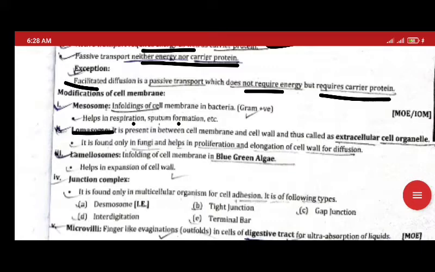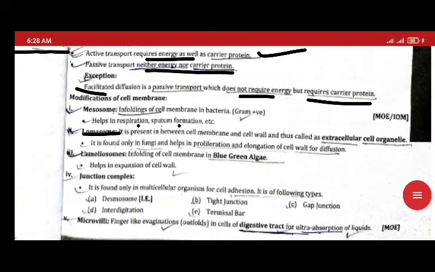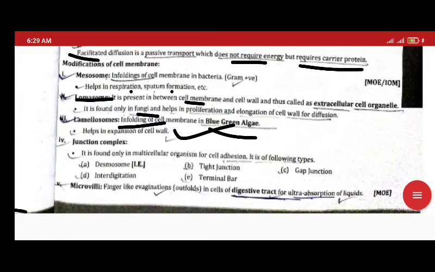Now lomasomes are outfolding of the cell membrane, present in fungi. Then the chromatophore is an infolding of the cell membrane in blue green algae, an expansion of the cell wall.